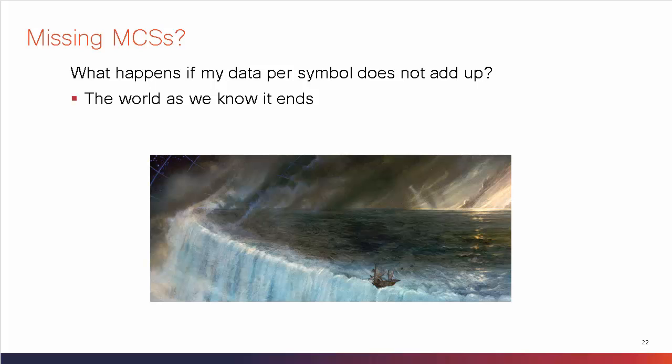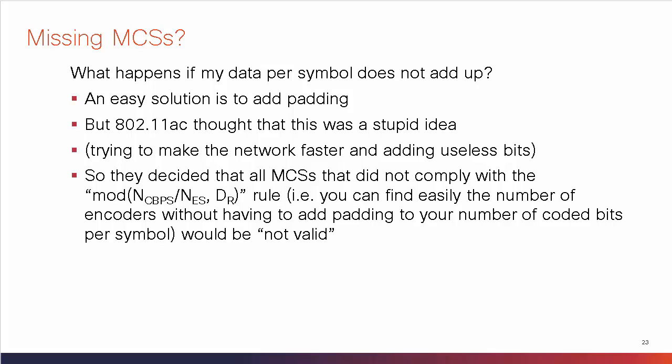So what should we do then? One idea was to say, well, when we have those weird numbers, like 3.05, we can just say that for those MCSs in the transmission, you will have more than the 3/4 rate or something. You will add a few more bits, and those bits will be used as padding so that you fall back on a round number of encoders or decoders at 600 megabit per second. So you won't have 3.05 in that case.